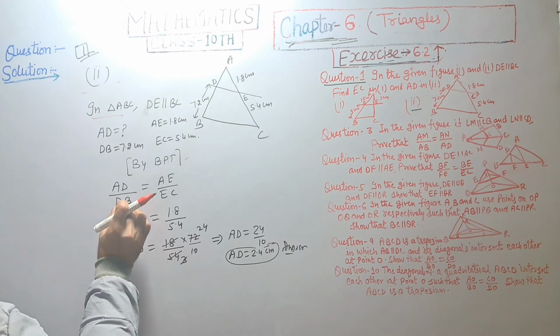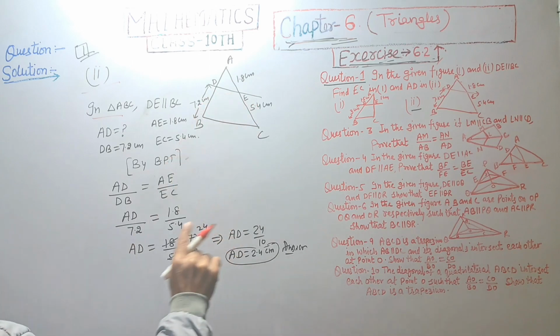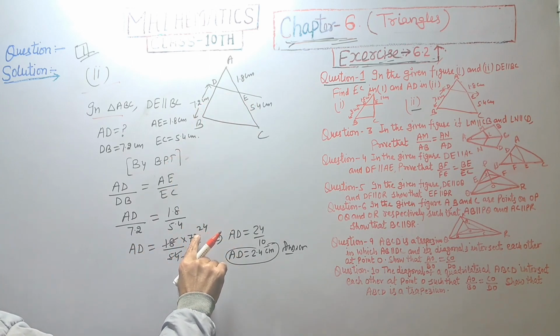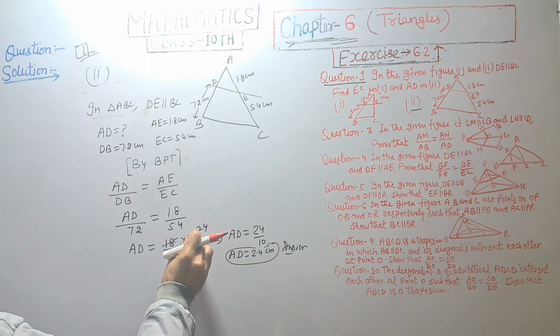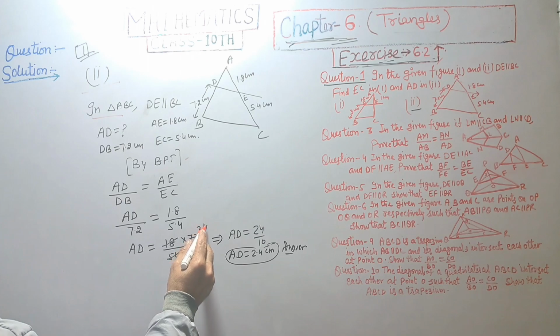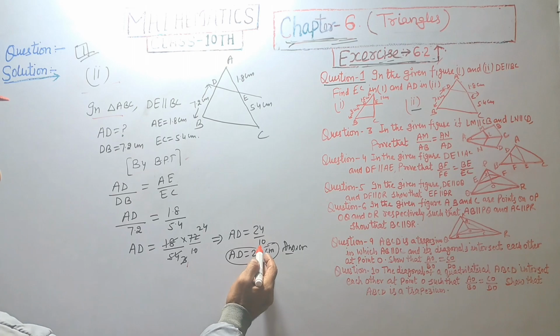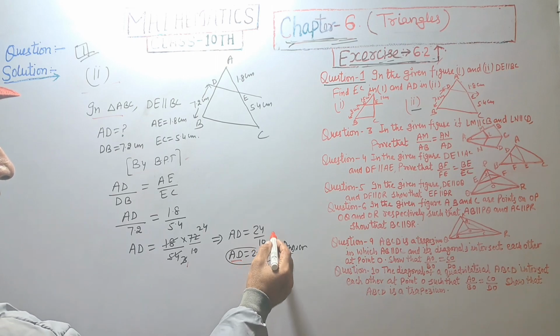AD upon 7.2 is equal to 1.8 divided by 5.4. 7.2 we can write as 72 upon 10, and 18 upon 54. The point cancels. 18 threes are 54 and 72 divided by 3 is 24. AD is equal to 24 upon 10. Then we get the value of AD is equal to 2.4 centimeter. Answer.